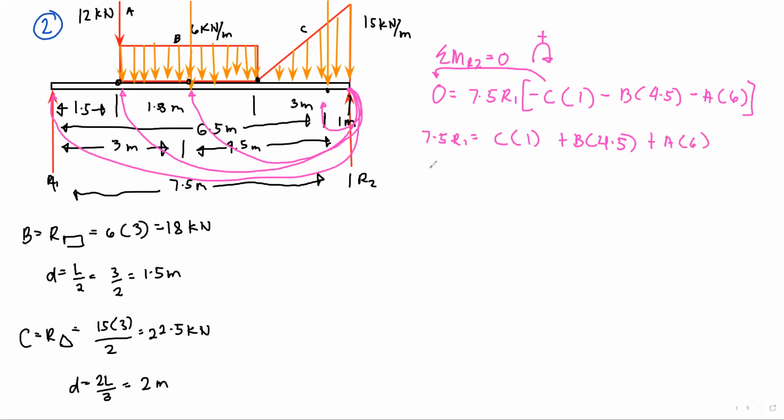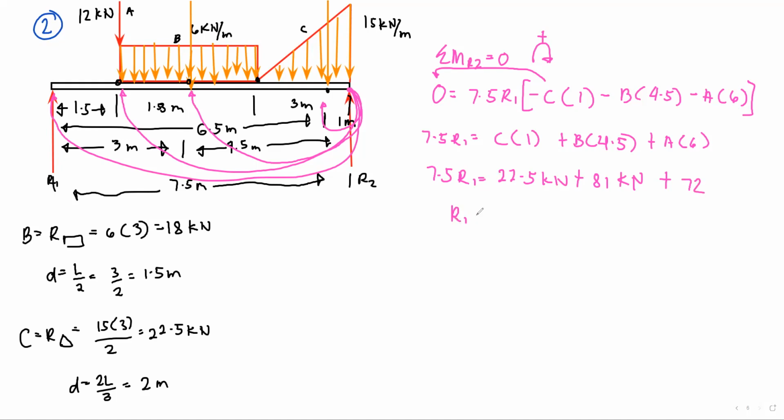So 7.5 R1 is equal to, what is our C? 22.5 kilonewton, plus 18 times 4.5, which is 81 kilonewton, plus A, 12 times 6, which is 72.